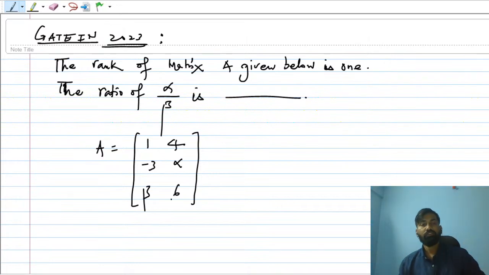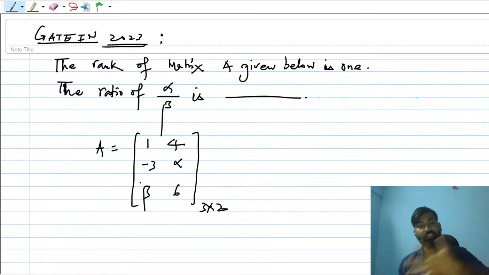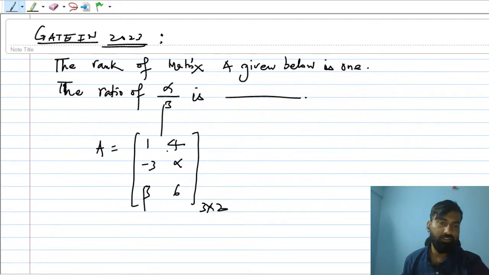So this is a 3 by 2 matrix, meaning the number of equations is 3 and the number of unknowns is 2. Now what is the ratio of alpha and beta? That you have to find out. So how can you find this ratio?